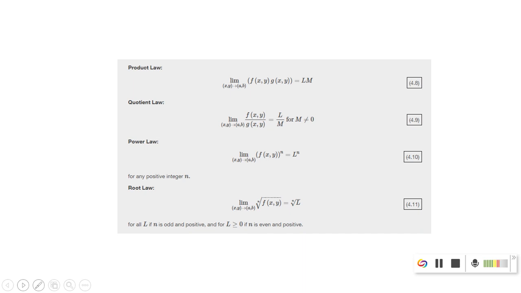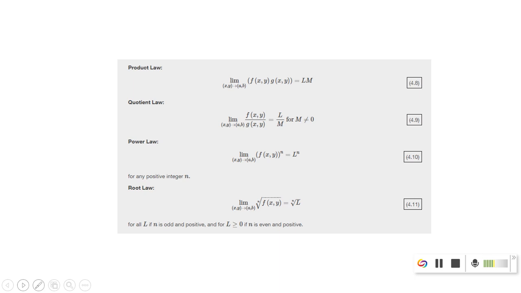But basically, all of these limit laws I have on the screen are analogous to the limit laws that you learned when you found limits for functions of one variable. And what all these limit laws tell us is that if we want to find the limit of a function, whether it's a function of one variable or 2 variables, we can frequently use direct substitution.